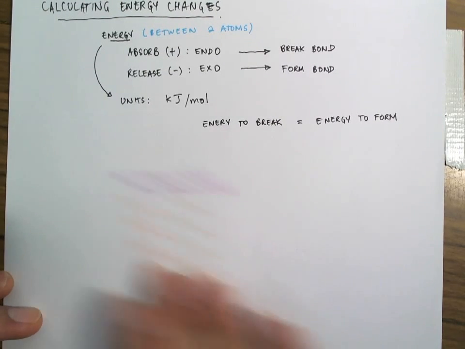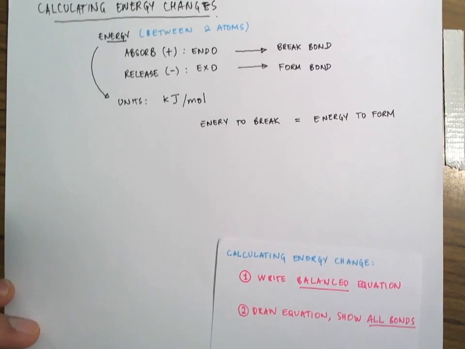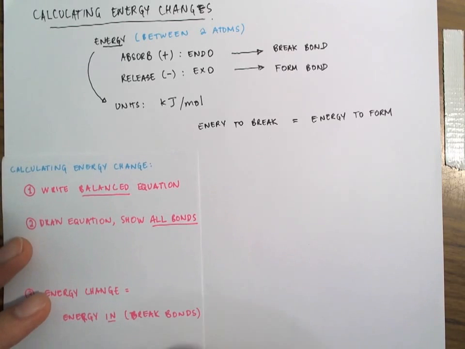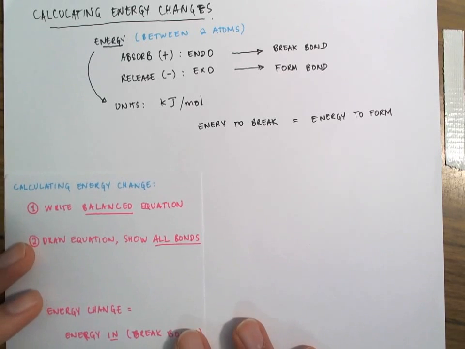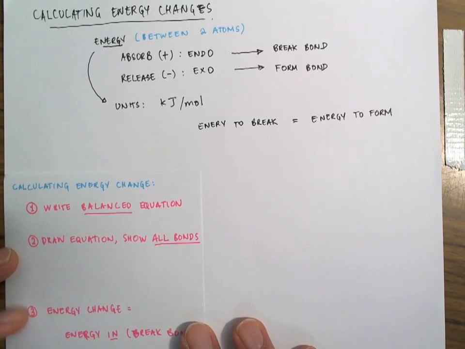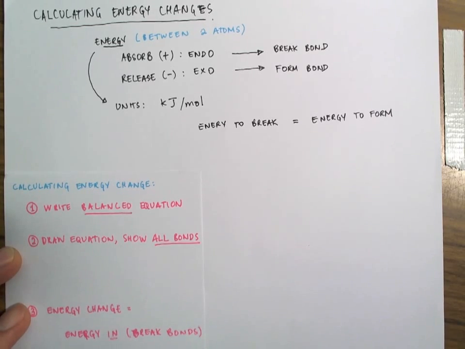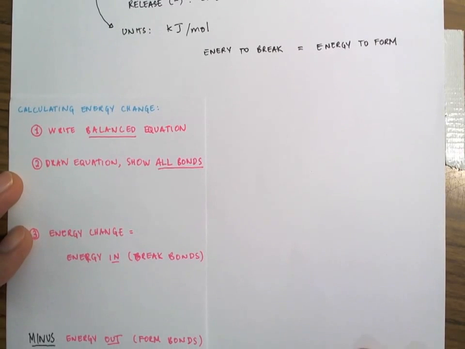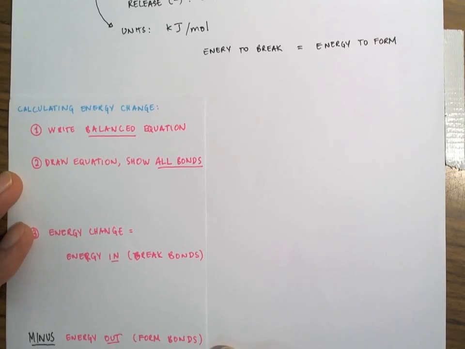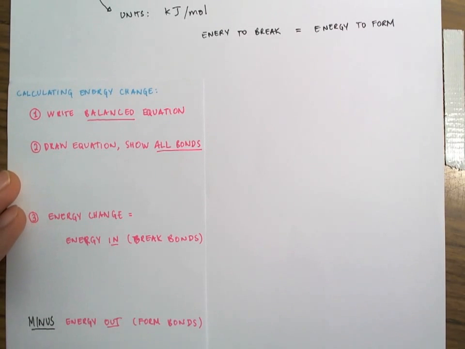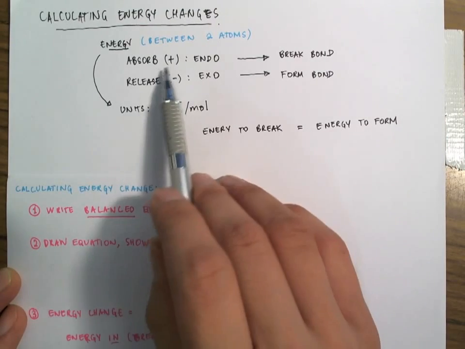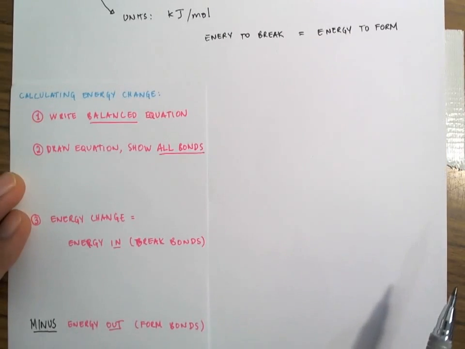So I've come up with a series of steps that we'll need to follow, and I'll put that on the side here. Right, so calculating energy change. The first step is to write a balanced equation, and after that we need to draw the equation to show all the bonds in the equation. Then the total energy change will be the energy absorbed, and remember energy in is always positive, minus the energy out to form the bonds.